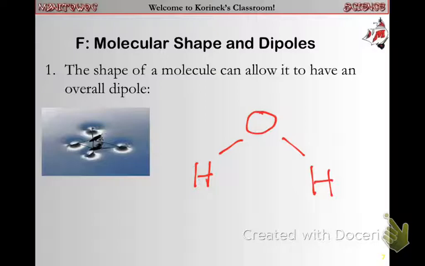Okay, this is a polar bond right there, and this is a polar bond right there. The electrons would reside more over by oxygen. So what that would mean is that we would draw our dipole like this. We'd have an arrow pointing upwards, positive end, and an arrow pointing upwards, positive end.